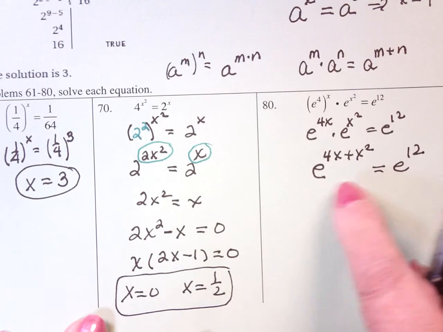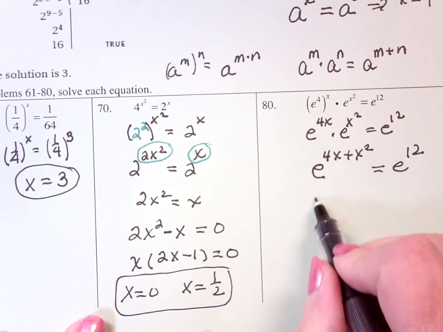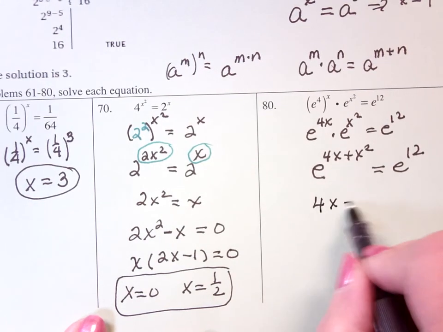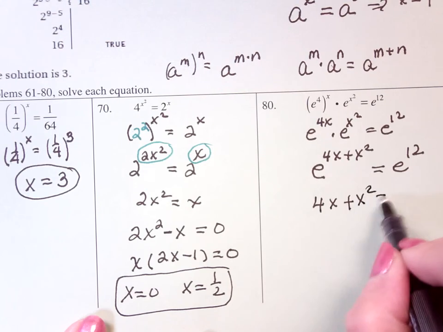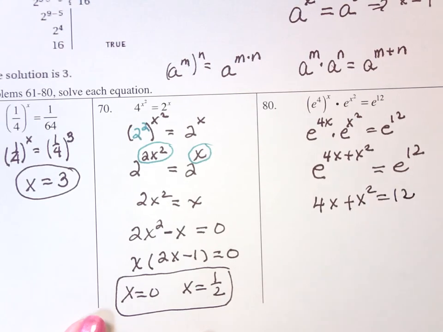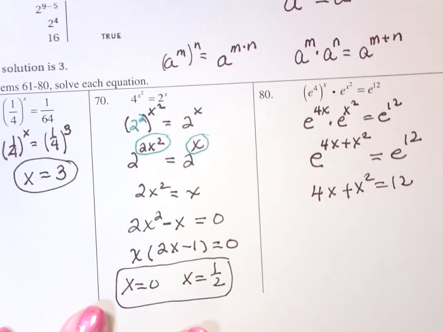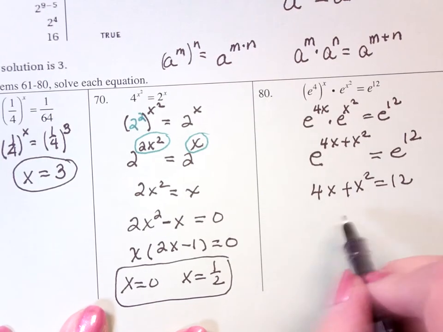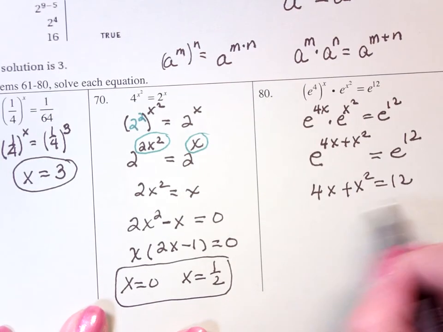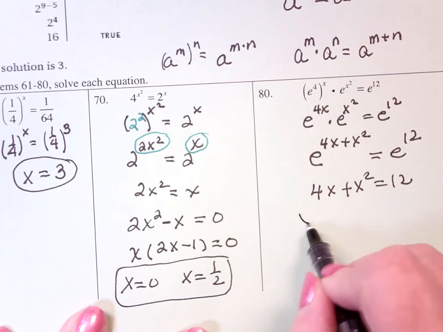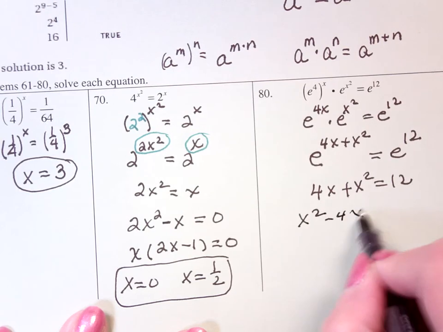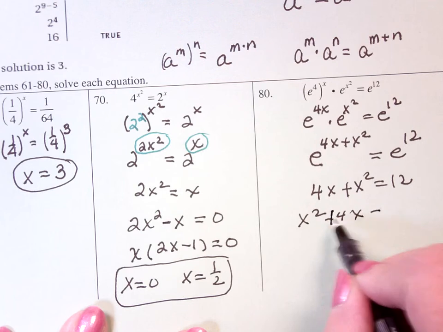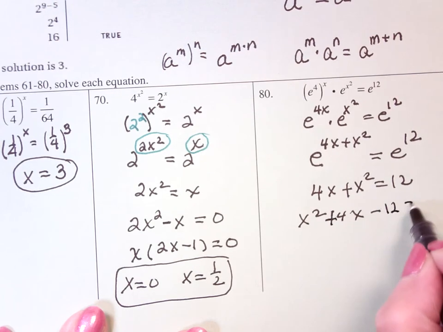And now the bases are the same, so the exponents must be equal. So that, write it in standard form, namely x squared plus 4x minus 12 equals 0.